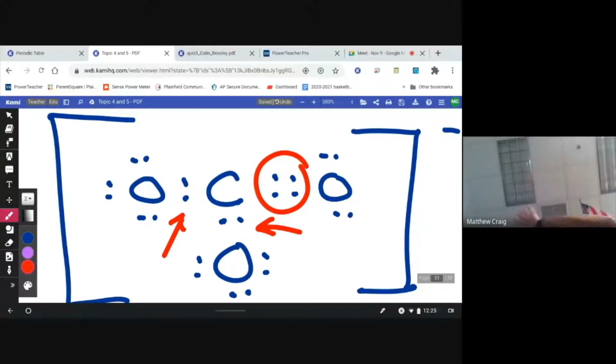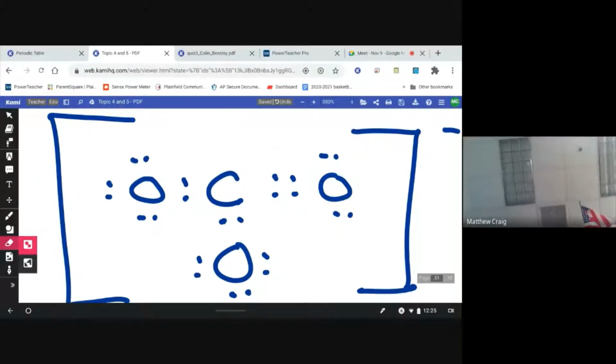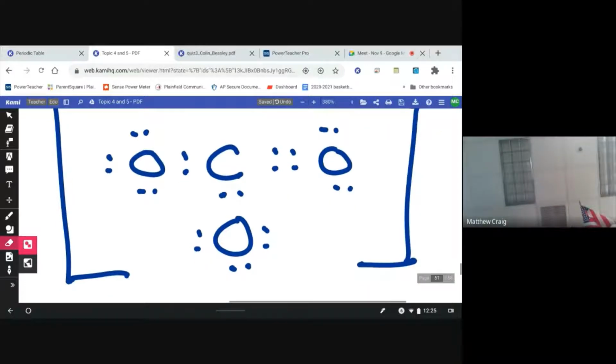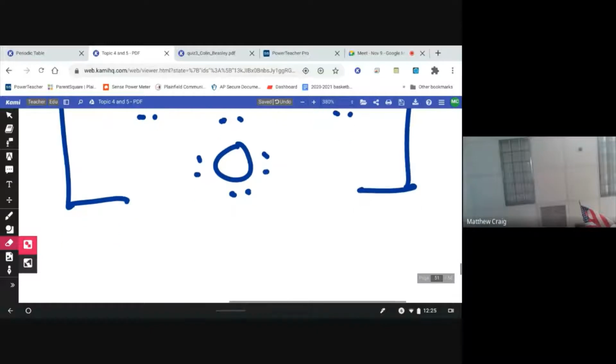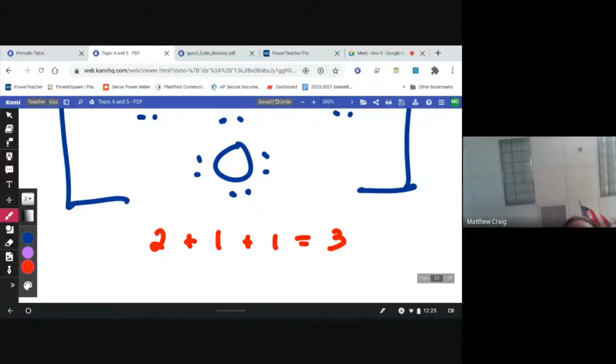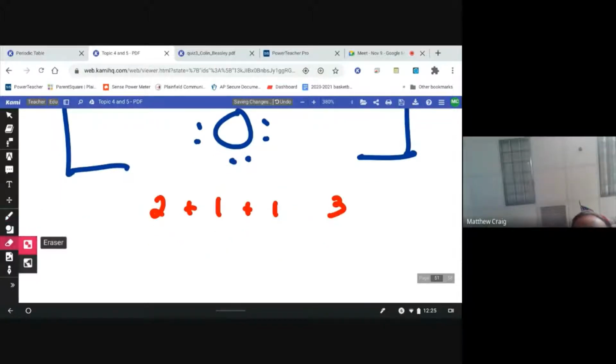So it keeps switching. So if we were to look at the length of these, it would be the average of 1 double bond and 2 single bonds. Where if you want to give it some math, 2 + 1 + 1 divided by 3 equals 4 divided by 3, which is 1 1/3.